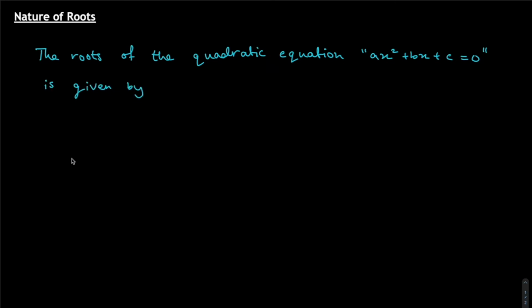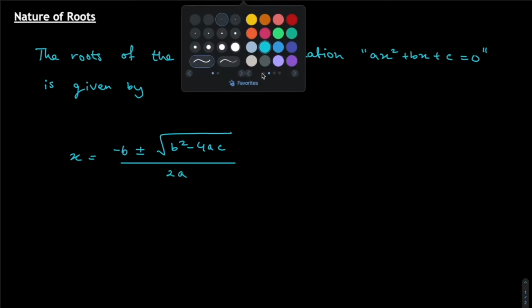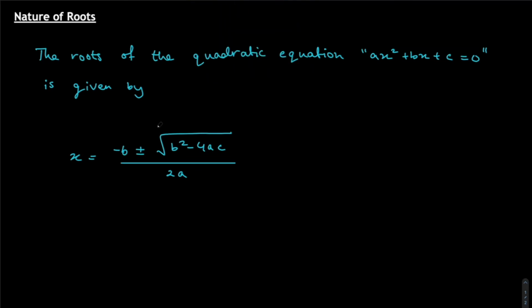by the quadratic formula, which I'm sure you've learned in your middle school: x equals minus b plus or minus the square root of b squared minus 4ac, all over 2a. Now the key part here is understanding this part right here.